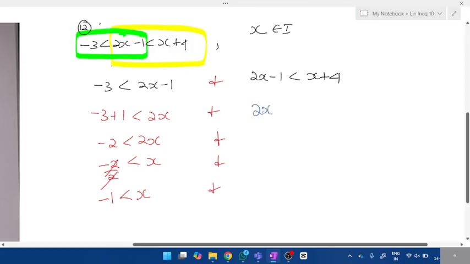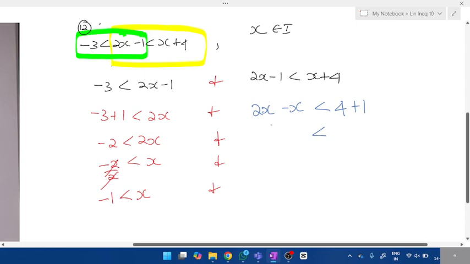2x, 2x minus x. Talk a bit louder, Lemula. 2x minus x less than 4 plus 1. 4 plus 1 is plus 5 or 3? 5.